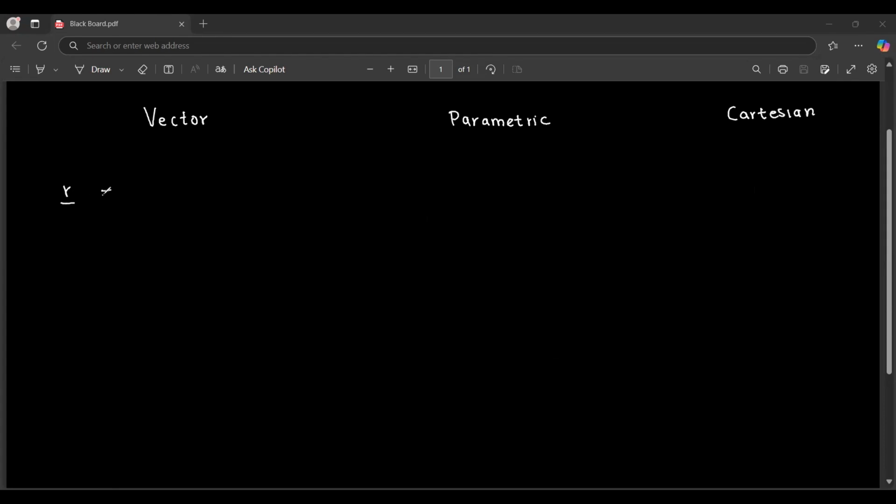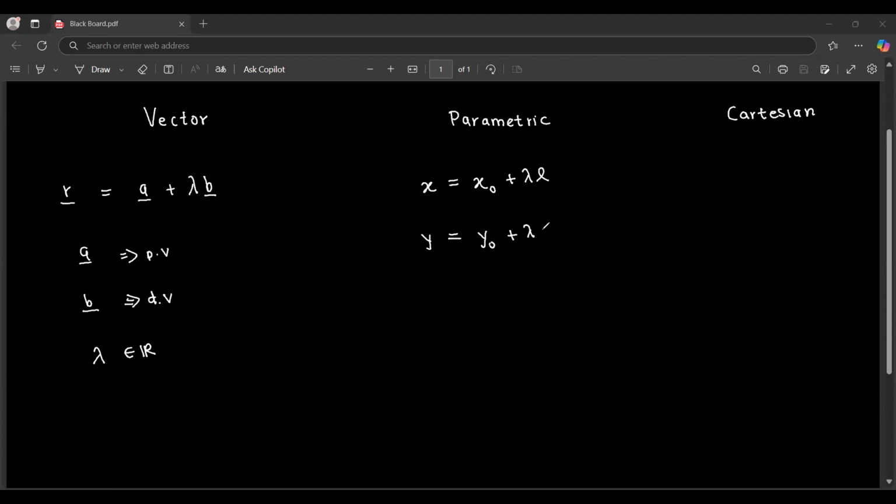Vector form is just r = a + λb, where a is the position vector and b is the direction vector, and lambda is any real number, and r is the vector of the line. The parametric equations say that the x coordinate of r will be x = x₀ + λl, y = y₀ + λm, z = z₀ + λn.